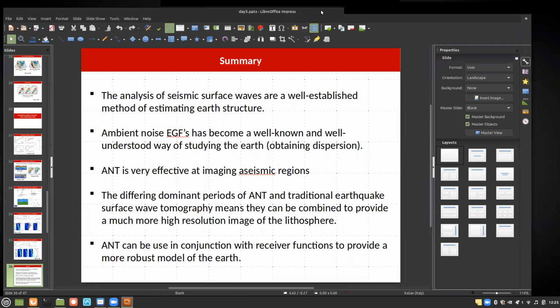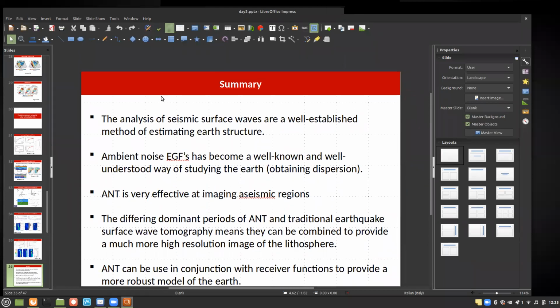Okay, that's it. Any questions? I have one curiosity. What kind of instrument do we need to record seismic noise?